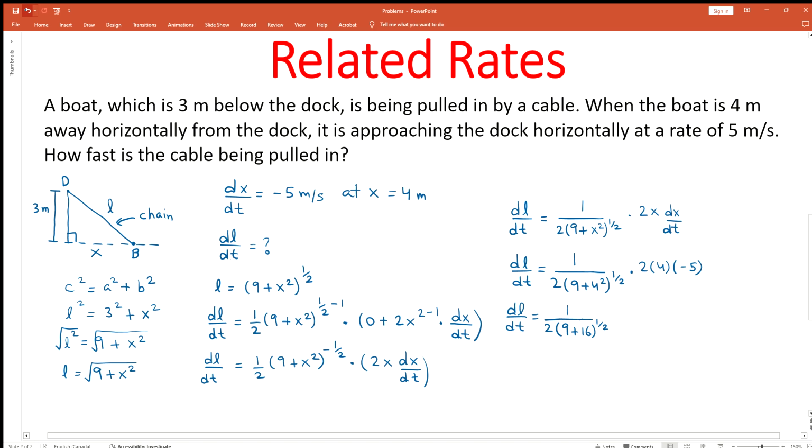Four squared is 16. 2 times 4 times negative 5 is negative 40. 9 plus 16 is 25. 25 to the power half is equivalent to square root of 25, which is equal to 5.